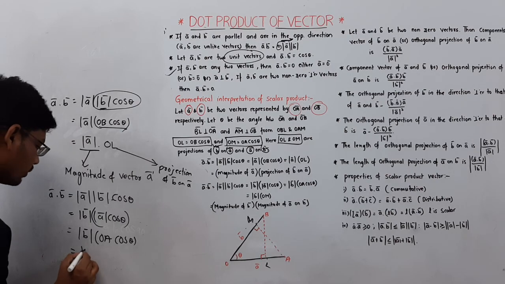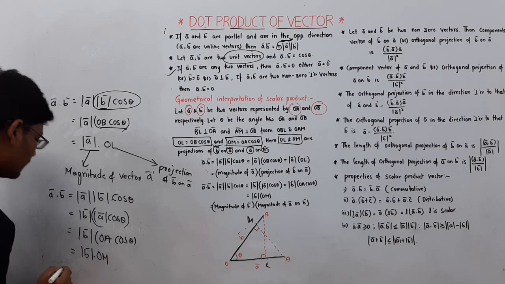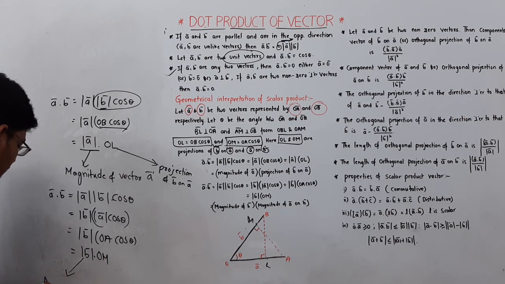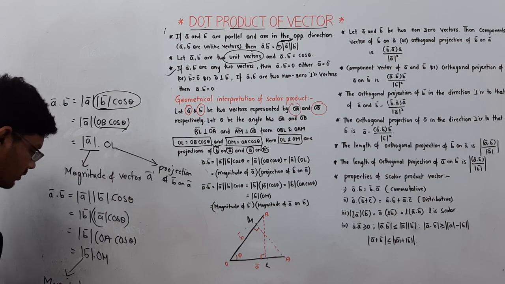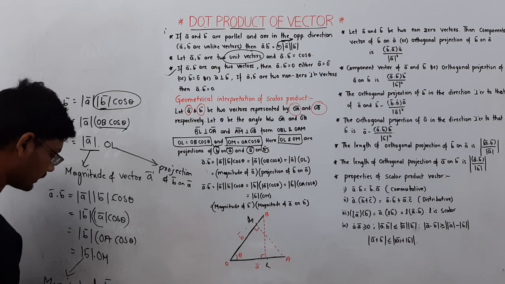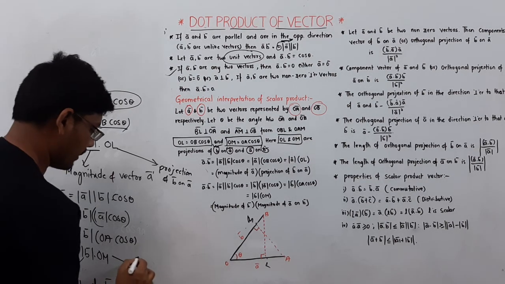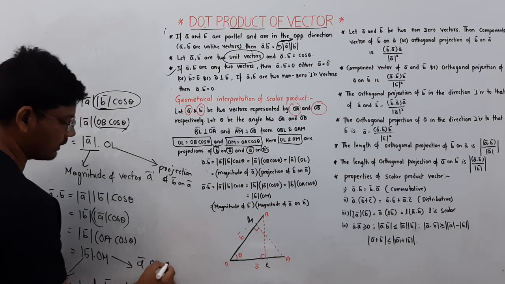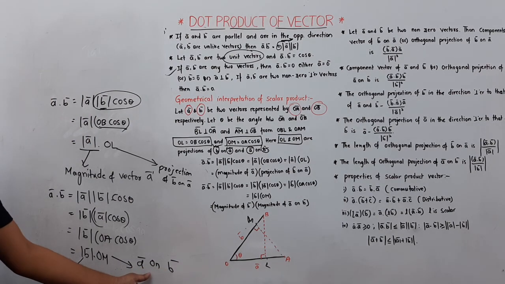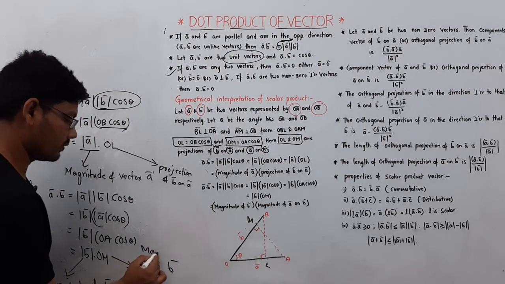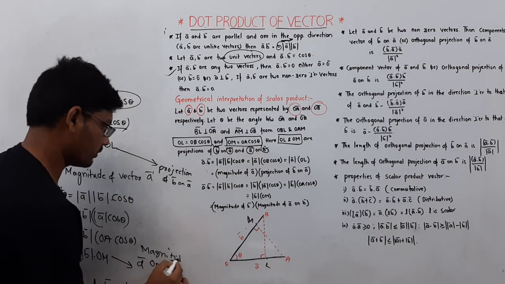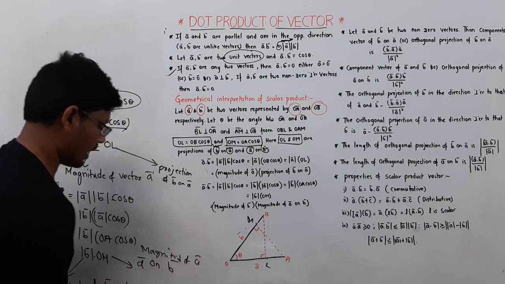So this is nothing but OB bar into OM, where this is the magnitude of B bar vector, and this is nothing but the projection of A bar on B bar.